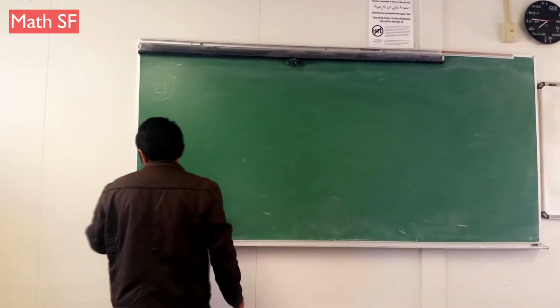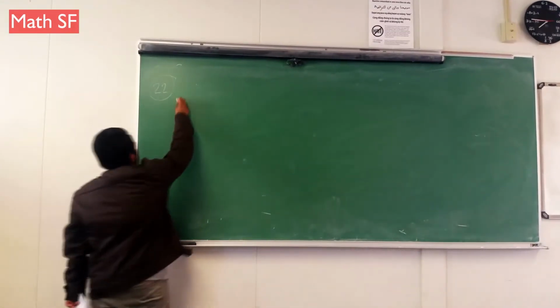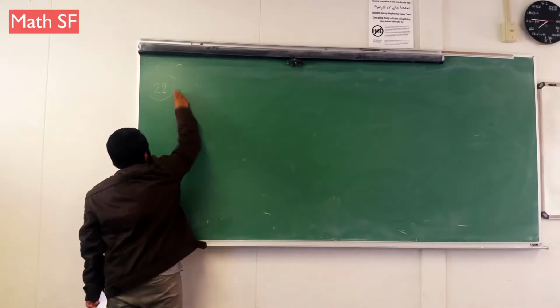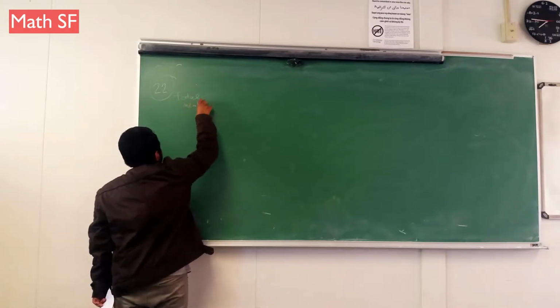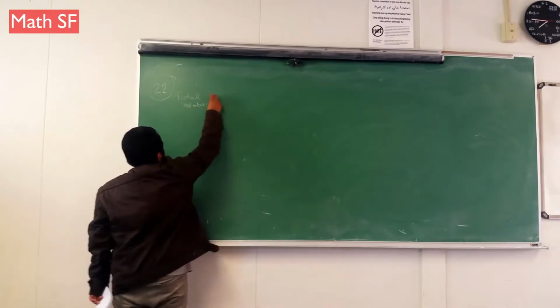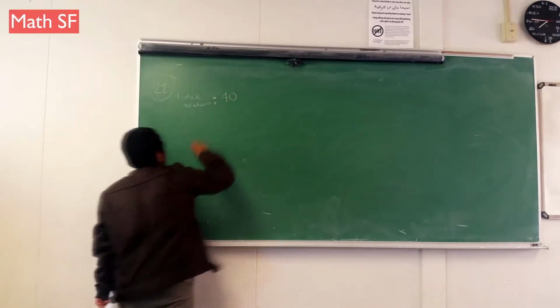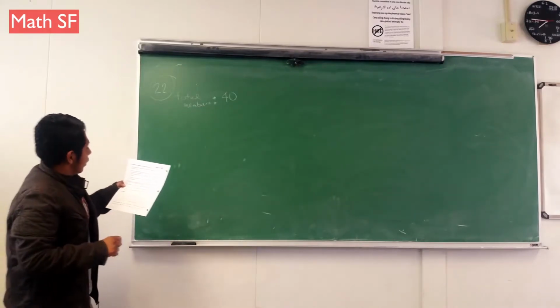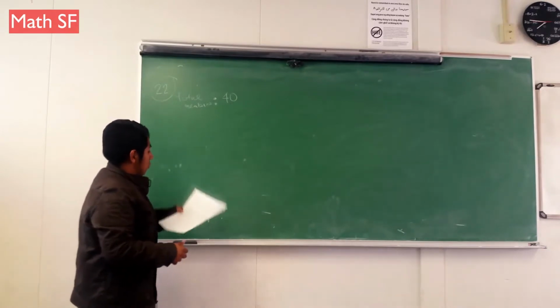A committee has 40 members. So, okay, maybe I'm going to use that data. So I'm going to analyze my data and I say, well, the total members of the committee is 40. 5/8 of the members are men.